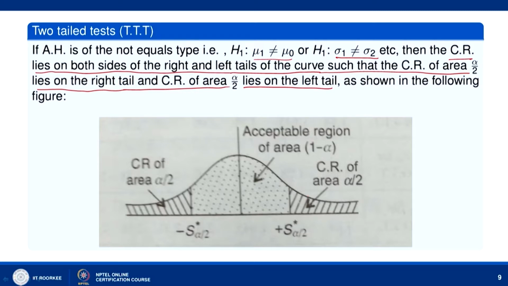The total area under the curve for the level of significance is alpha. So alpha by 2 lies to the left side, and alpha by 2 lies to the right side. This is your alpha by 2 area, and this area is alpha by 2, and these are minus S star alpha by 2 and plus S star alpha by 2.